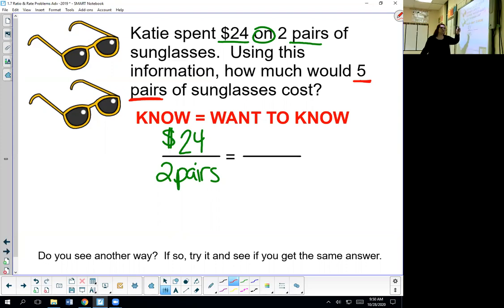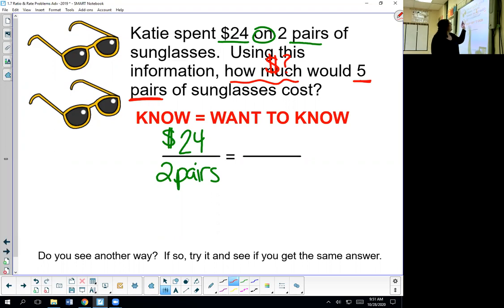Do you see why I told you to put the words, money on top? So money, $24. Again, have some units. They tell me it's dollars, inches, miles, feet, whatever you're talking about, for 2 pairs. I want to know how much, so I don't know the cost it would cost for 5 pairs of sunglasses.